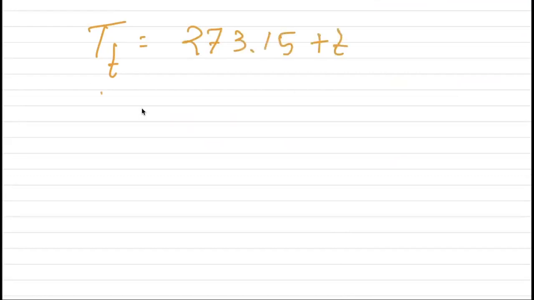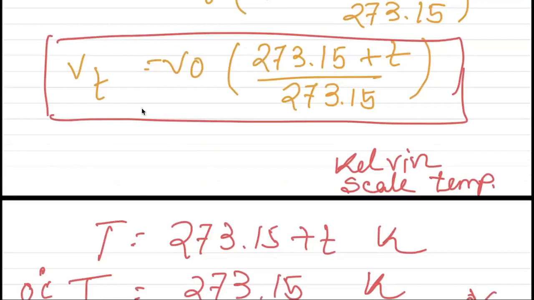Now, next we will simplify Charles' law more. We can write Tt is equal to 273.15 plus t, and T0 equals 273.15. So put these values in this equation.